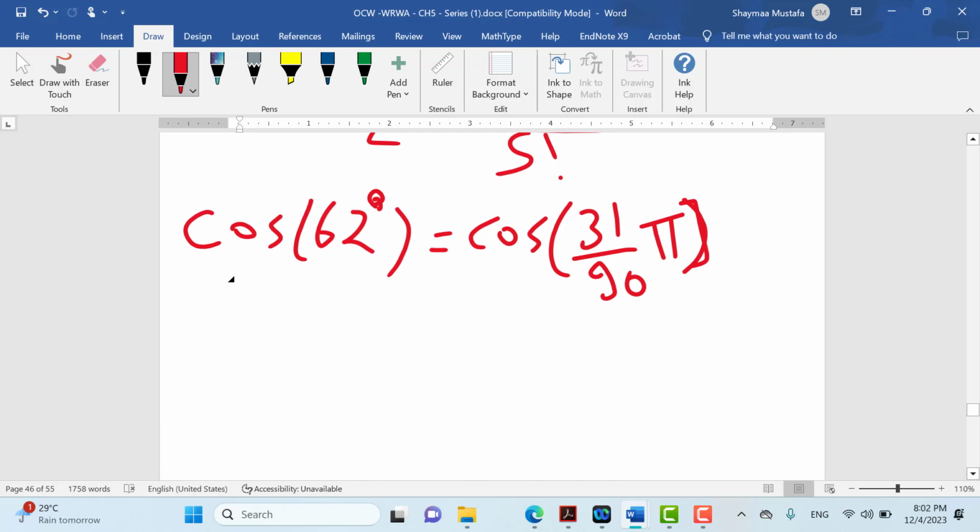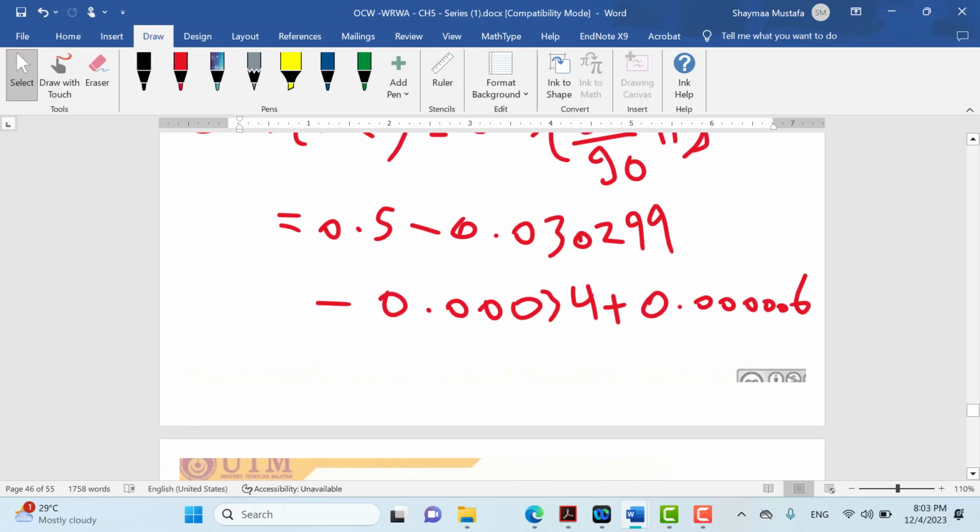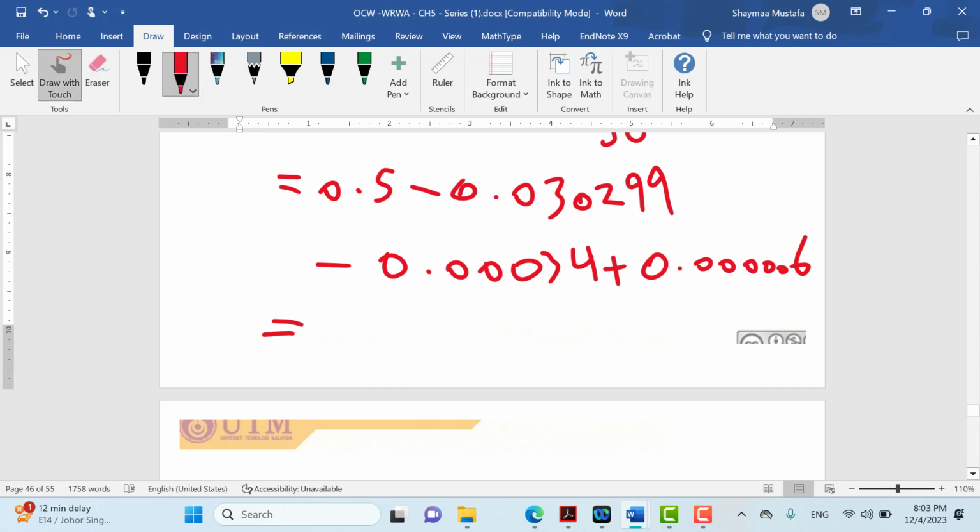If you calculate, it is equal to 2.5, the first one, minus 0.03, 0.0299, minus 0.00034 plus 0.006. So, which is equal to 0.469 degree.